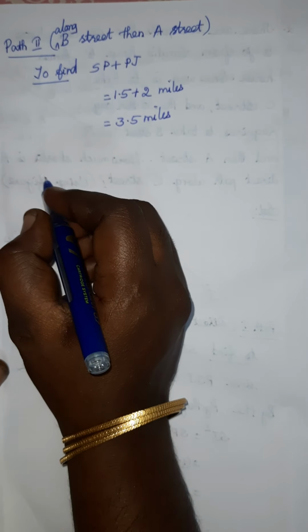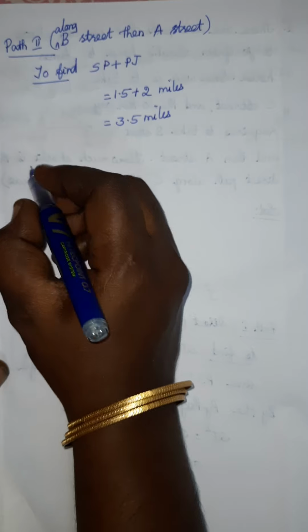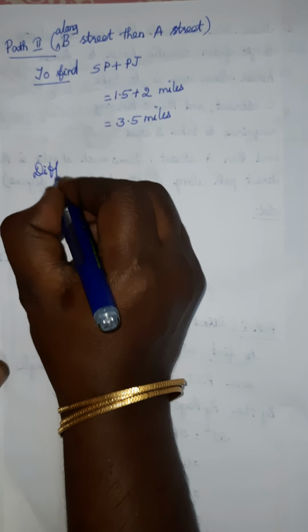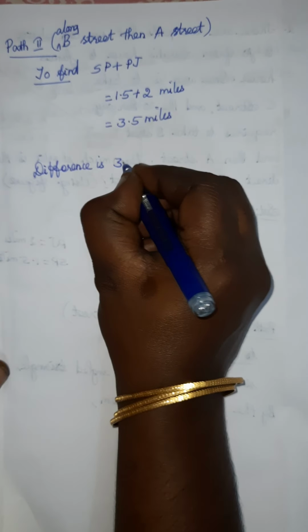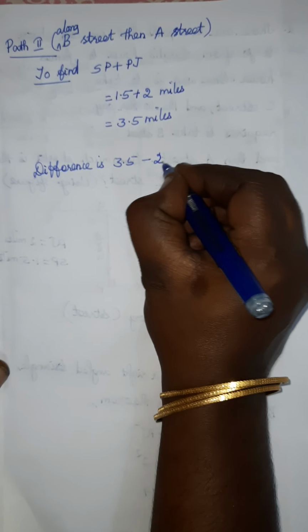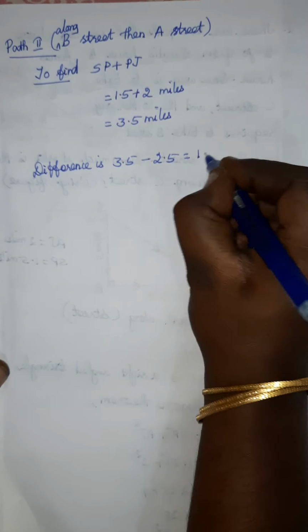So what is the difference? The difference is 3.5 minus 2.5, which equals 1 mile.